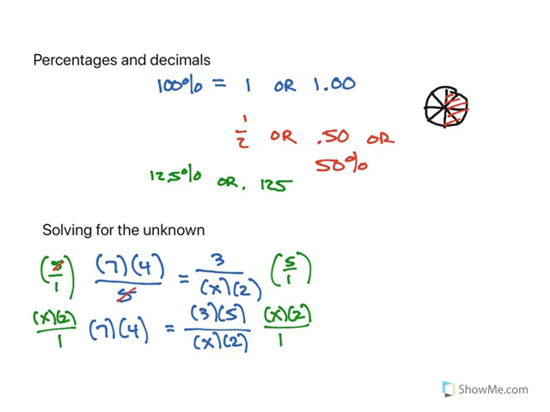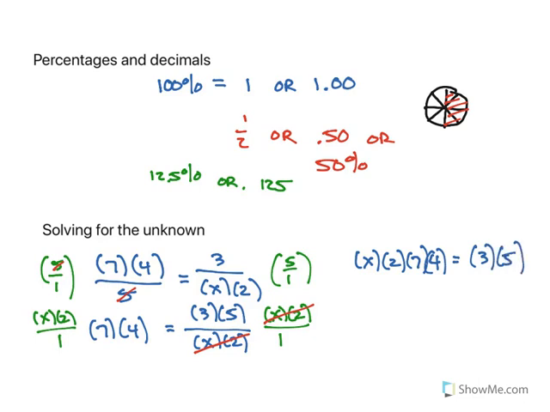So now x times 2 cancels itself out on this side of the equation, and what I'm left with is x times 2 times 7 times 4 equals 3 times 5.